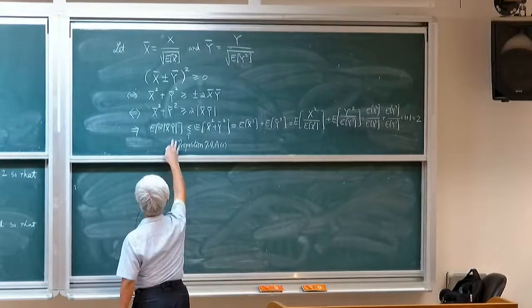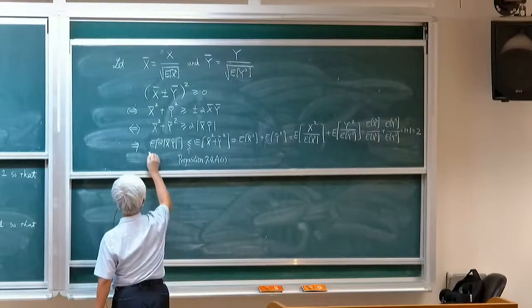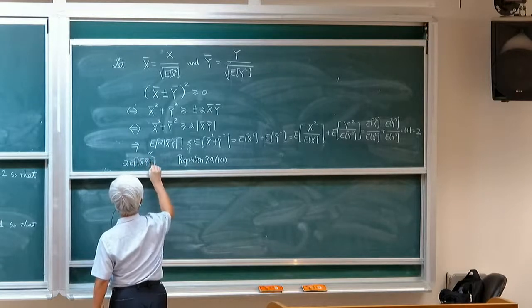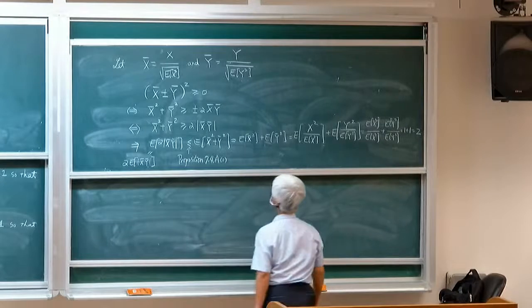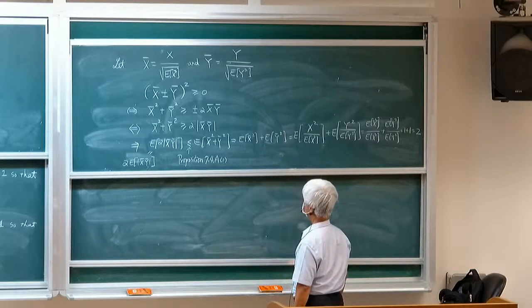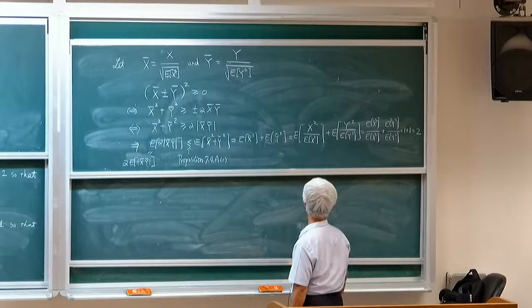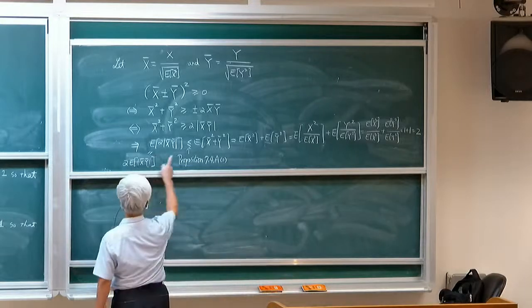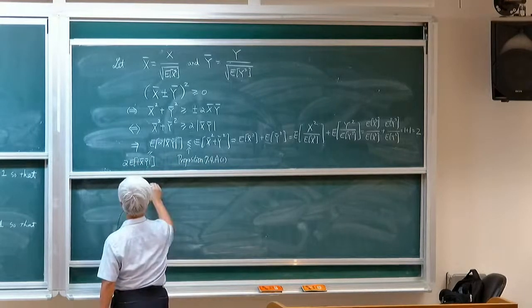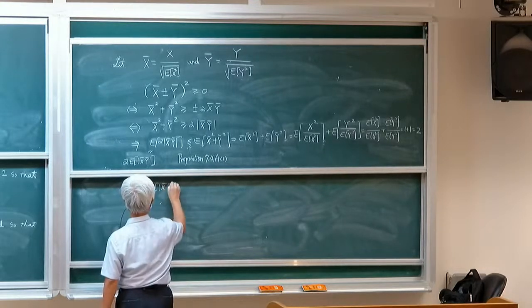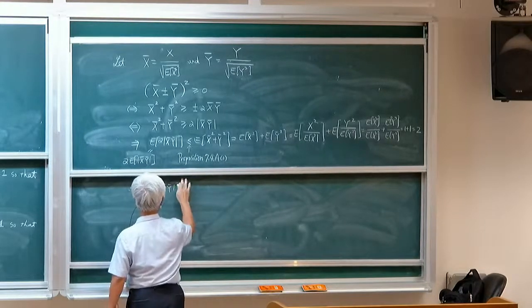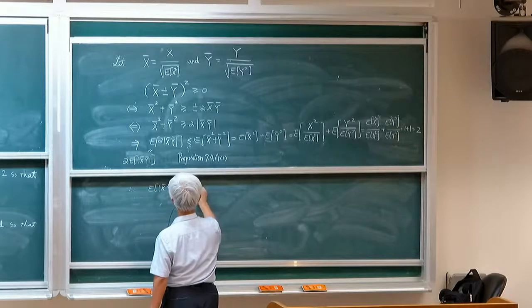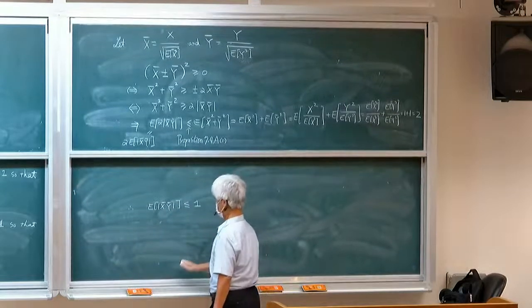Right, and you see here, so this is 2. So you see that the expectation of x bar y bar is less than or equal to 1.